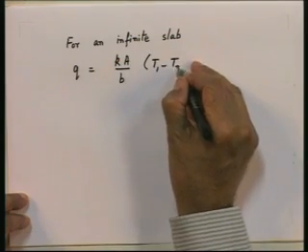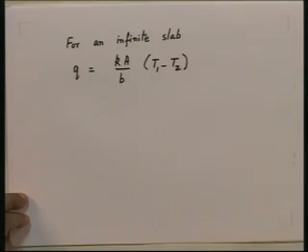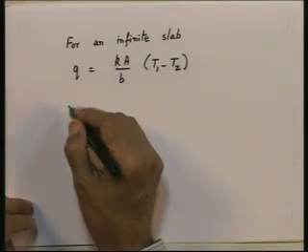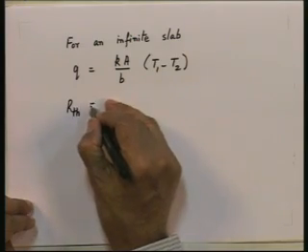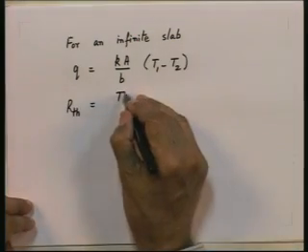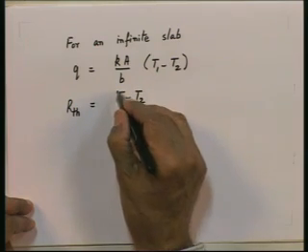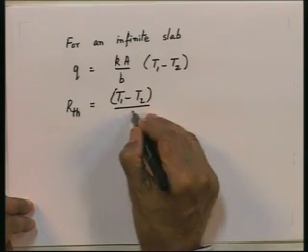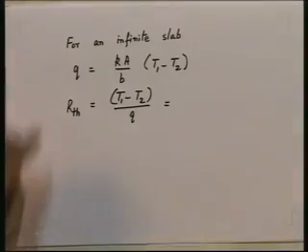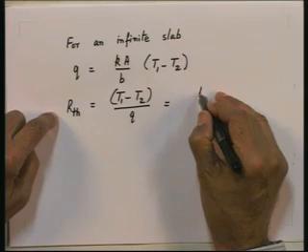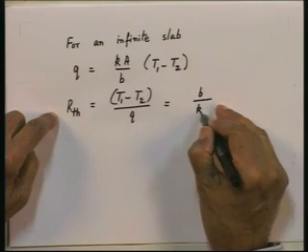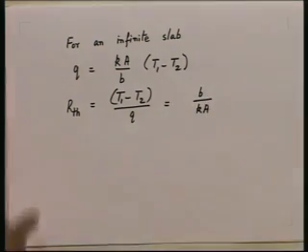All right, we just derived that expression. Compare this expression with our definition. How do you define thermal resistance? We say thermal resistance is equal to T 1 minus T 2 divided by Q. Therefore, for an infinite slab, thermal resistance would be given by B by K A. All right. That is how we get the expression for the thermal resistance of an infinite slab.